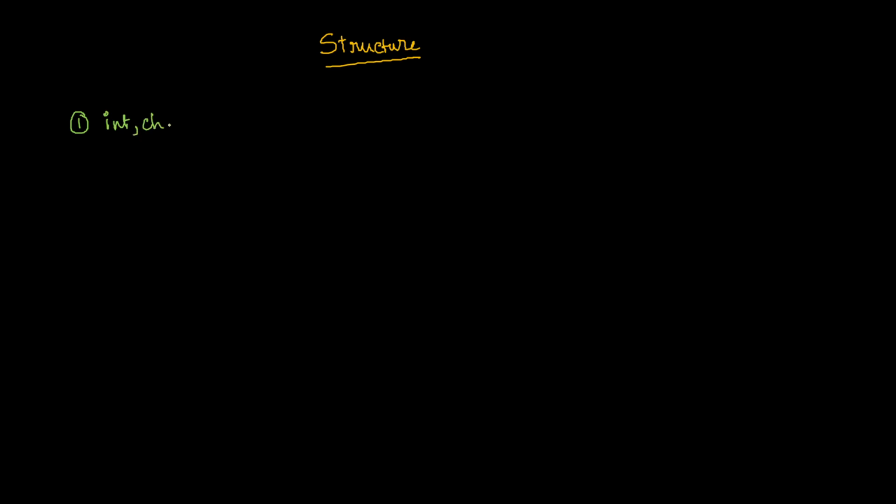Let's start here. We started from int, char, float, all the data types. These are what you can say data types, and we started with declaring a single variable.